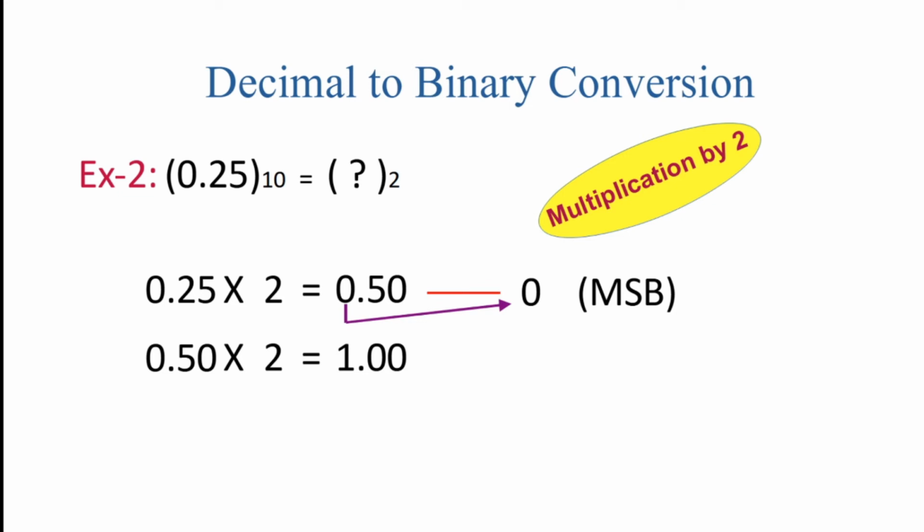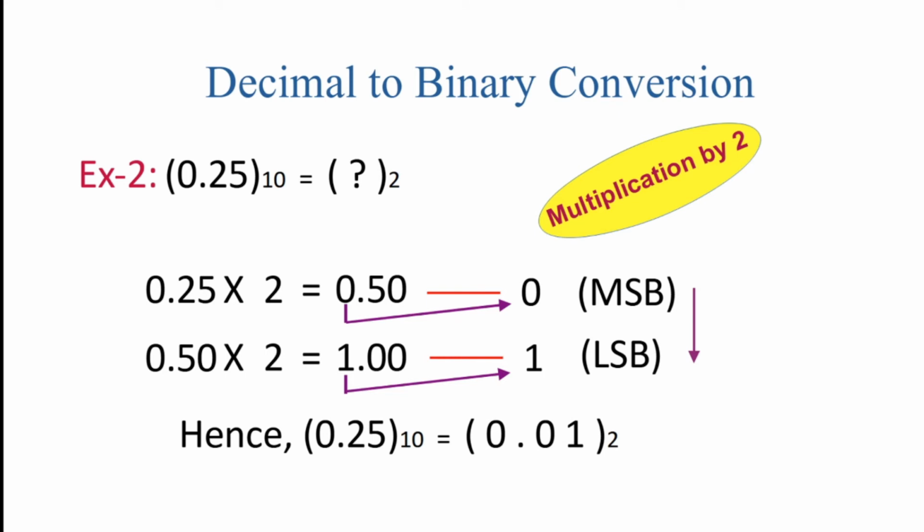In this case, the 1 is to be taken out since it appears before the decimal point, and this one is considered as the least significant bit or the LSB, and we have to read down. Then the binary equivalent of 0.25 will be 0.01.